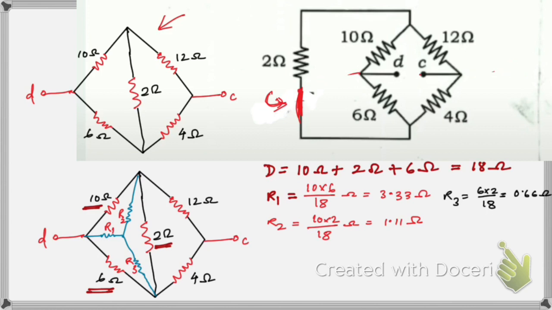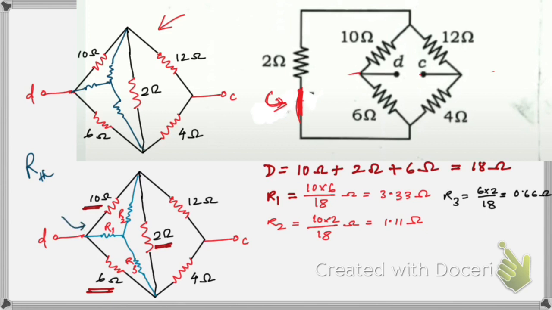Now here we need to find the equivalent resistance, then we will get RTH. For that, let us make it a star connection. I made the star connection like this.